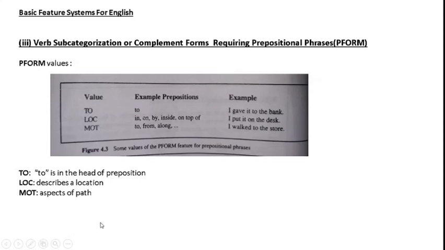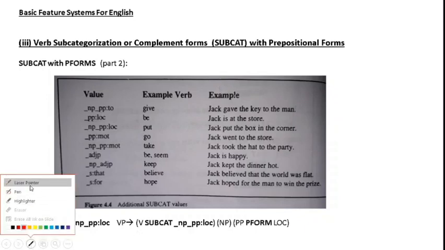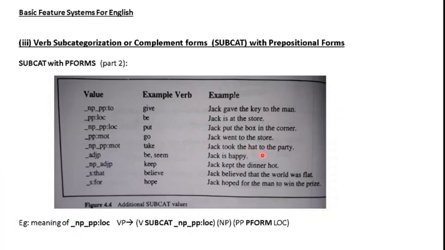Now if you see the example where Jack took the hat to the party, after took it is the hat to the party. So to is not in the head position, so it is nowhere near the to P form. Here it had been taken to the party. It describes some sort of path, right? So the prepositional phrase is constrained over P form value mod or a path.